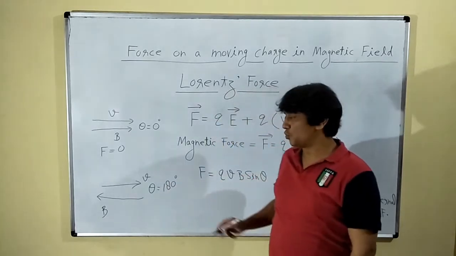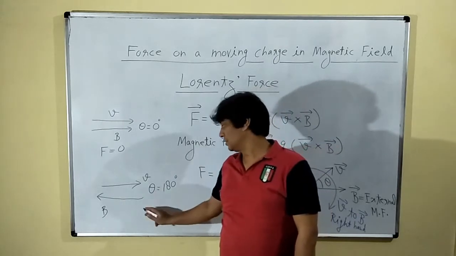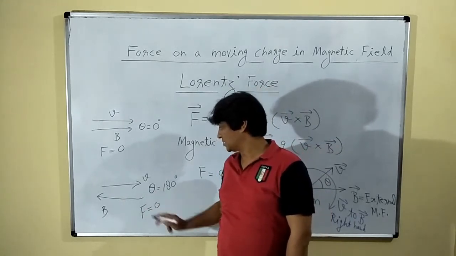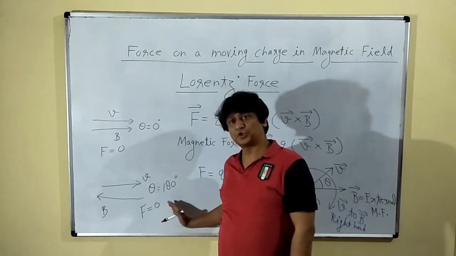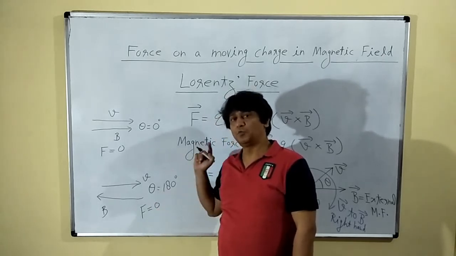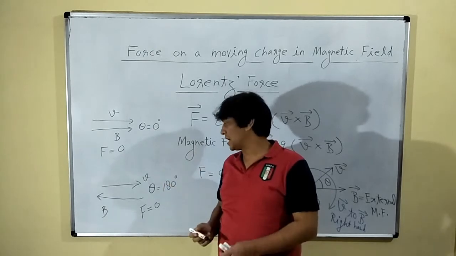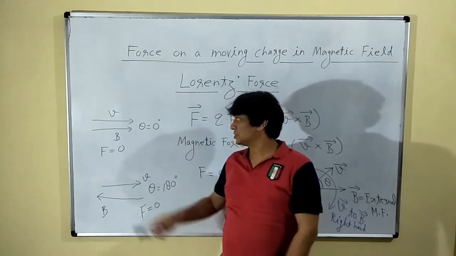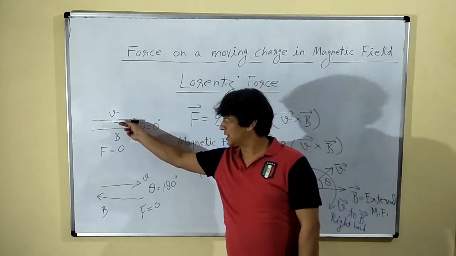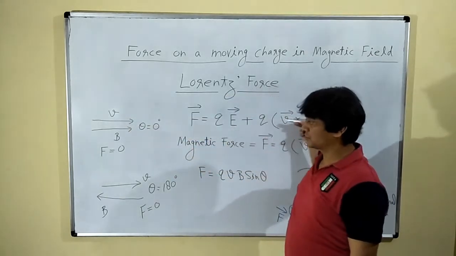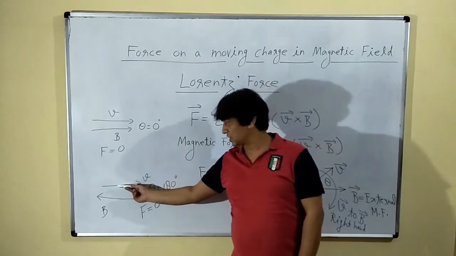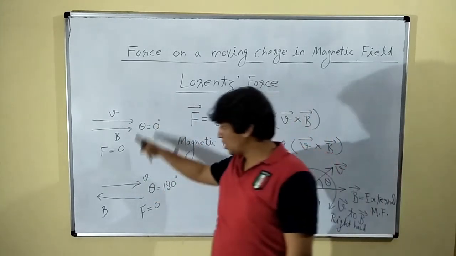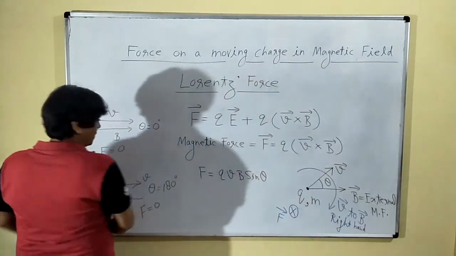Theta is 180, you know what sine 180 is? 0. And therefore, in both these cases, force on the charge will be 0 and it will move without any deflection, any deviation. This charge will continue moving in this direction. This charge will continue moving in this direction. You can note down this part also.